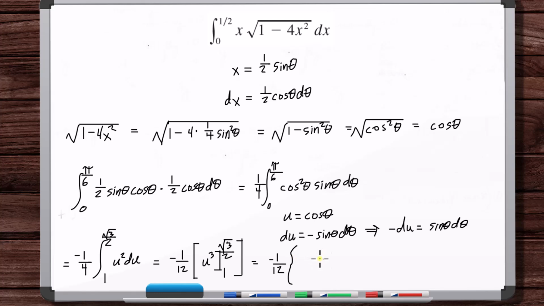Okay, so root 3 over 2 cubed is 9 over 8, and then minus 1. Okay, 9 over 8 minus 1 is 7 over 8, or 1 over 8.